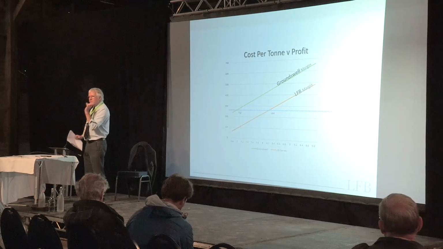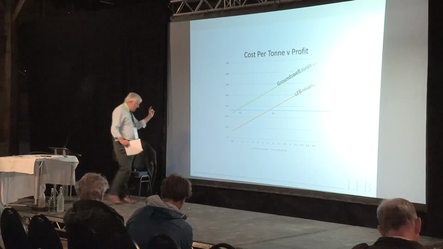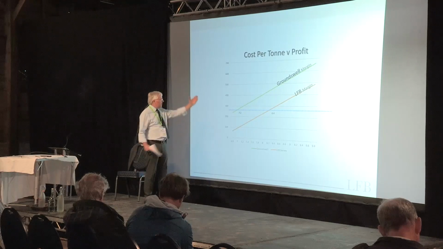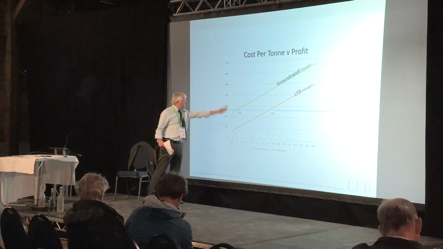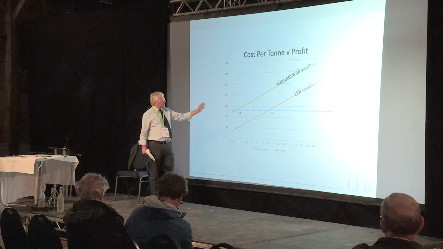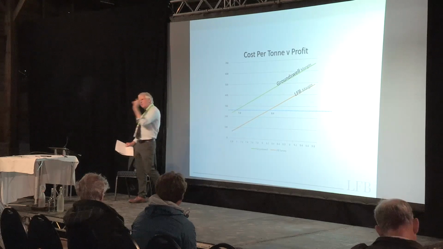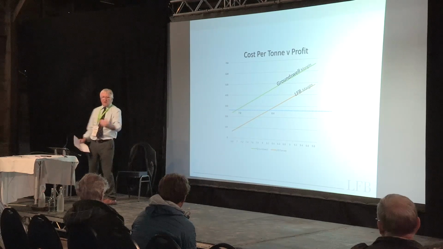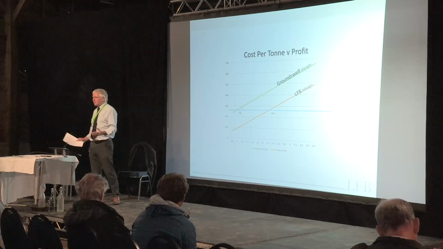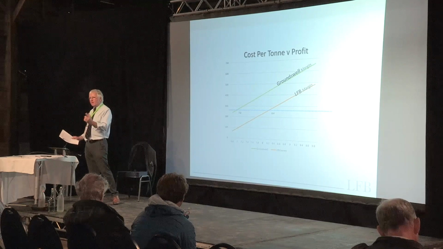So to achieve that same margin, because of the lower cost of production, we need 7.2 tons of wheat. To achieve the same margin in the LFB, in conventional farming, we need 8.4 tons, for the same margin.